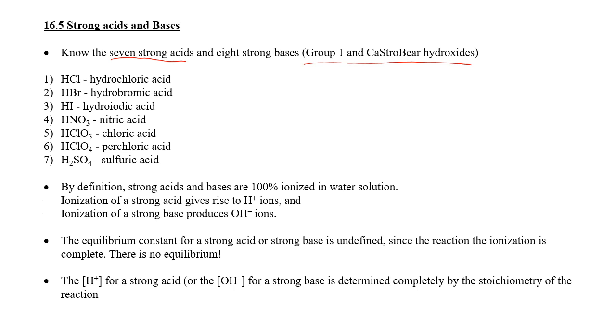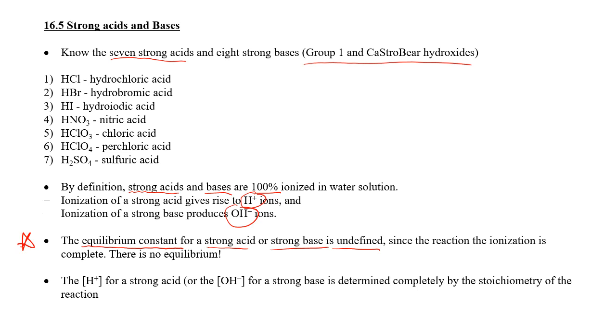We've already discussed that strong acids ionize 100%, and so do strong bases. Strong acids give rise to H+ or hydronium ions, and strong bases produce hydroxide ions. So this statement here, that the equilibrium constant for a strong acid or strong base is undefined, you don't have to worry about that too much at this point.